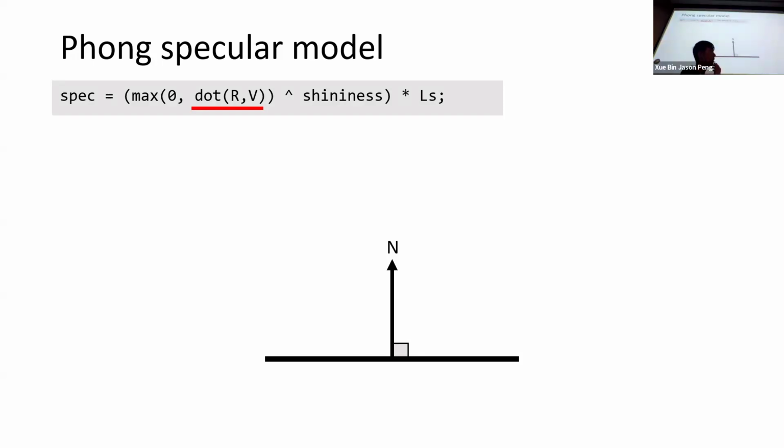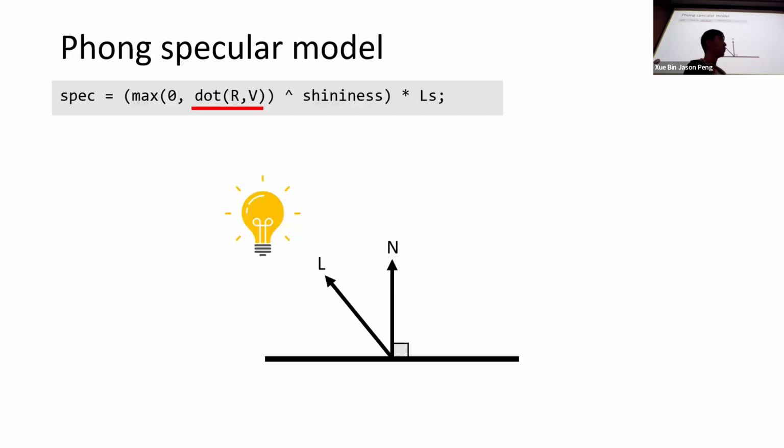The way to interpret the Phong specular model is that we compute the intensity of light that's reflected in a certain direction by using a dot product between two vectors, R and V.